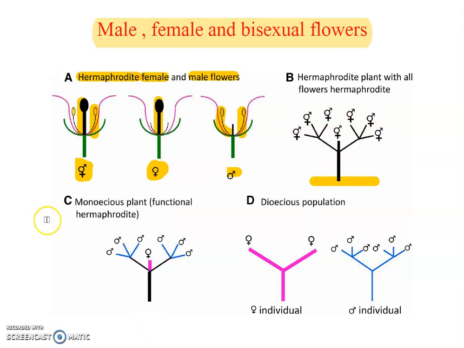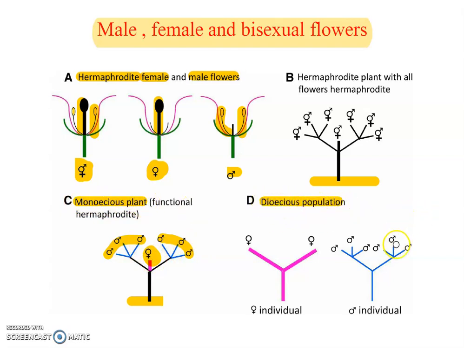Here, monoecious plants, functional hermaphrodites. Monoecious plants means a single plant produces both male and female flowers. This is a female flower and this is a male flower. Both are produced on one plant, called a monoecious plant. And the dioecious plants.